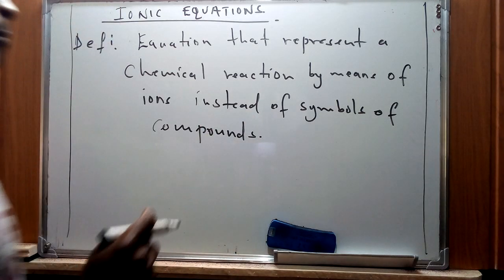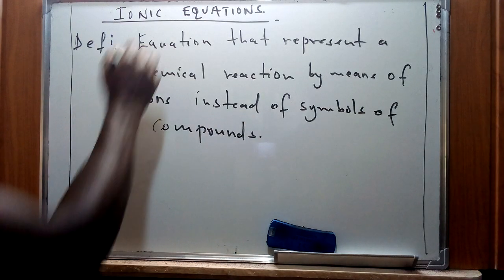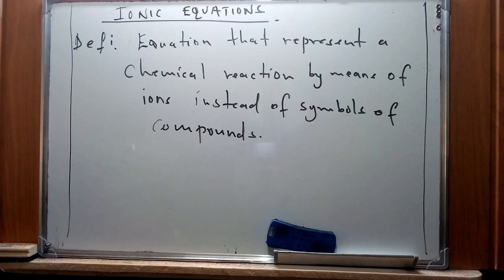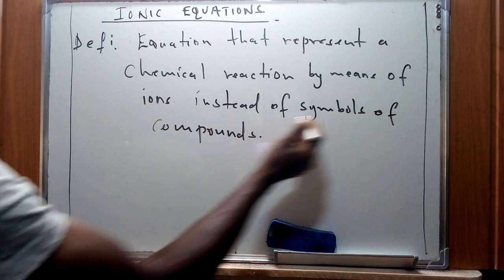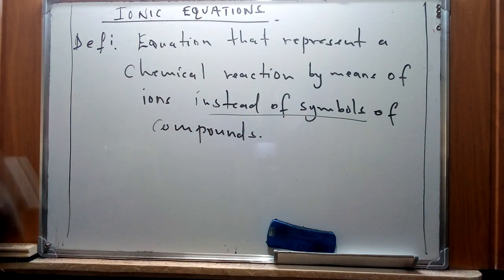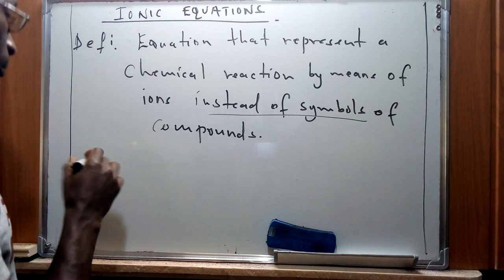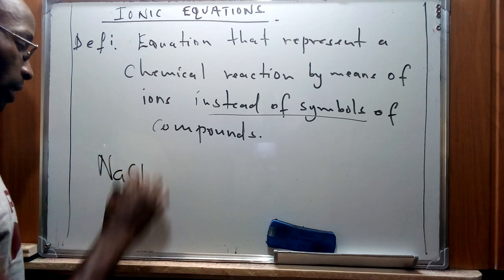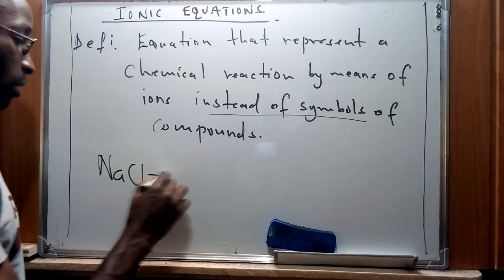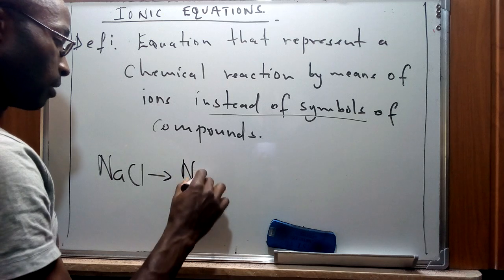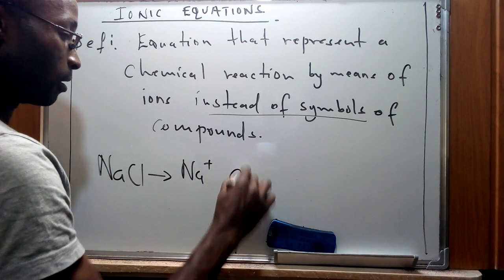So this is just a rough definition of what I'm trying to imply, whereby instead of using the chemical symbols like the ones that we used in the discussion of stoichiometric chemical equations, for instance sodium chloride, which is a symbol of a compound, in an ionic equation it is represented as sodium positive and chlorine negative.